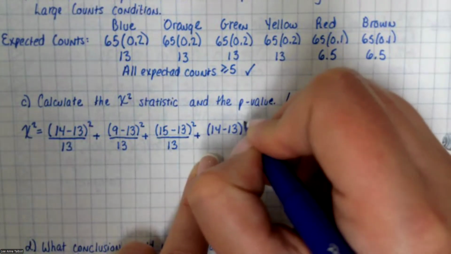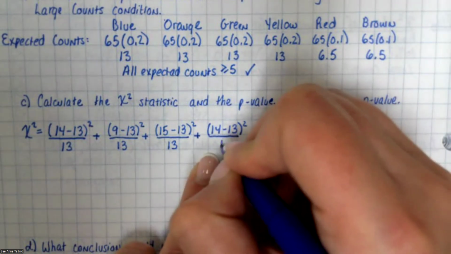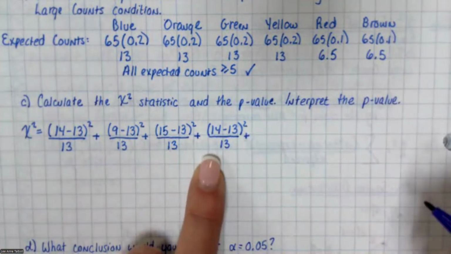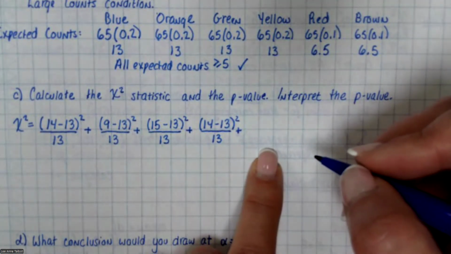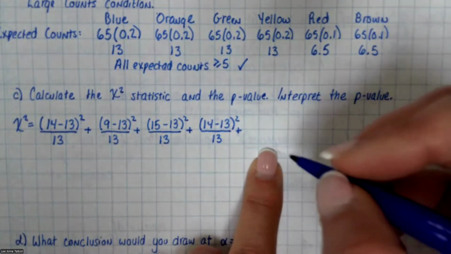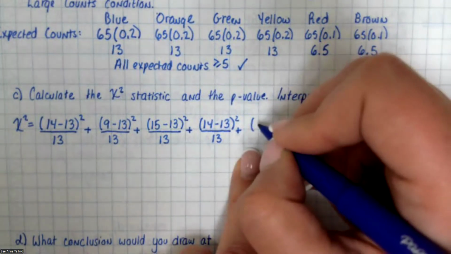Where's your curiosity? Find that. Why are we just copying down these horrible fractions from Mrs. Talbot's screen, but why is it chi-square? What about statistics?